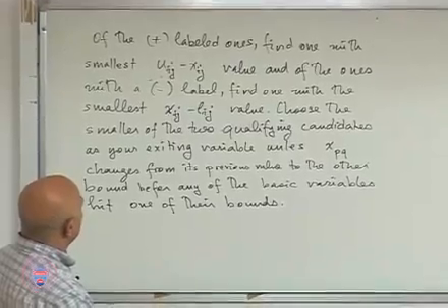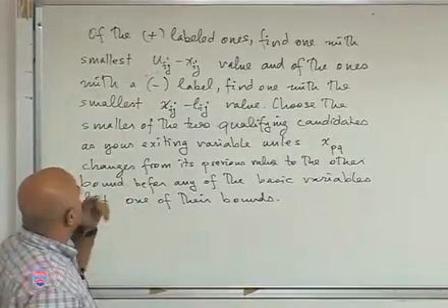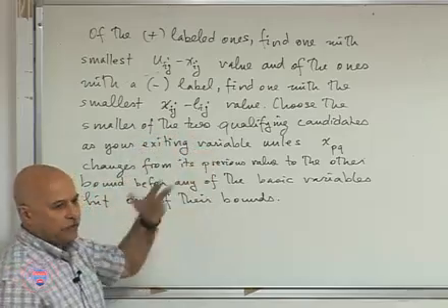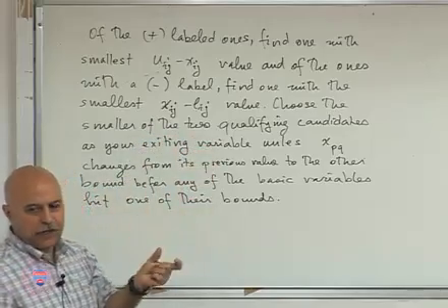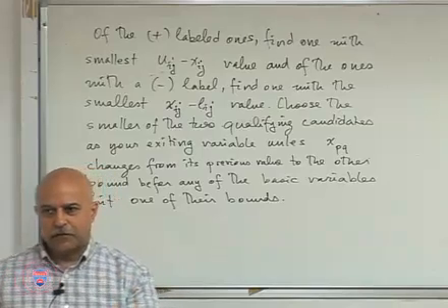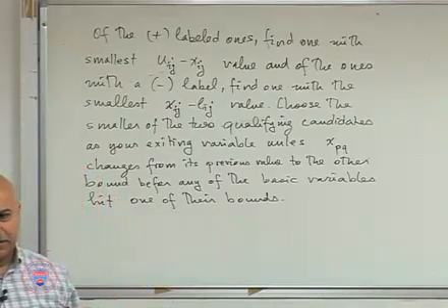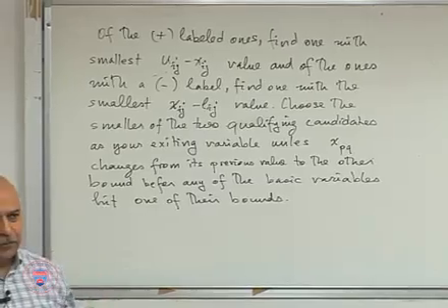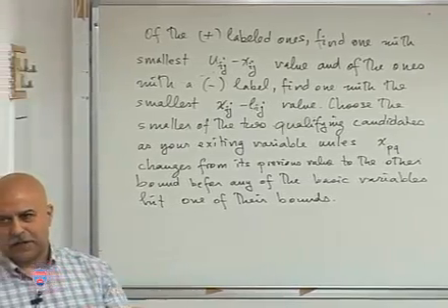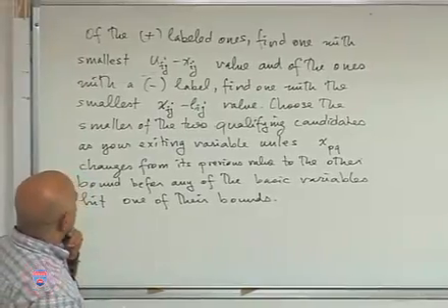All right. So depending on which you picked, choose the smaller of the two qualifying candidates. So you identified two candidates, one coming from the pluses, the other one coming from the minuses. Of those two, you choose the smaller, or the one that causes you the bottleneck. Of course, if you have ties, you choose just one of them, okay? And what else?